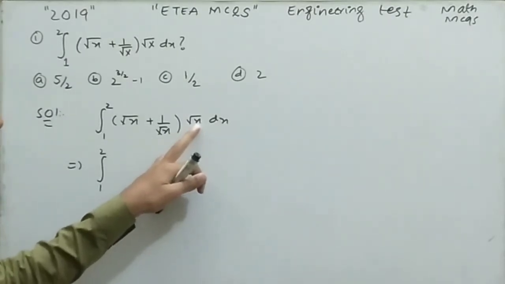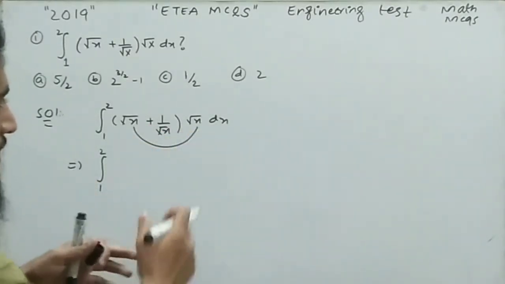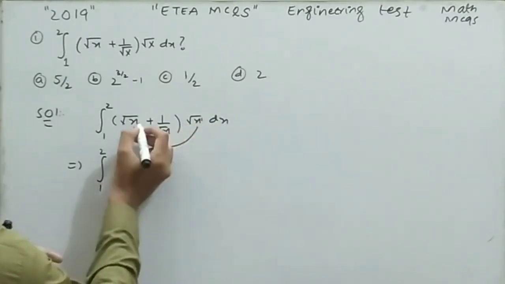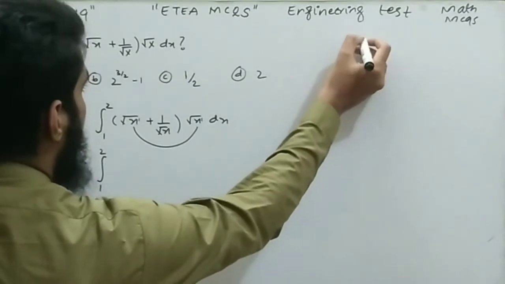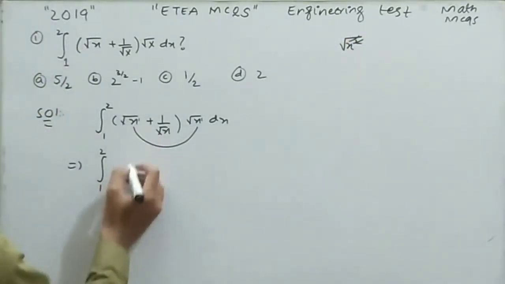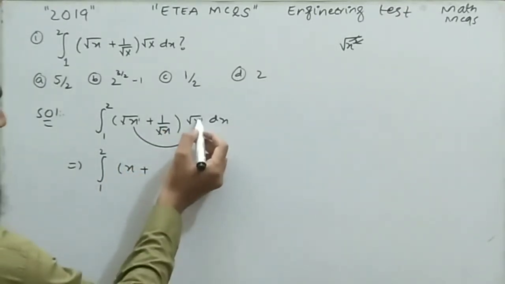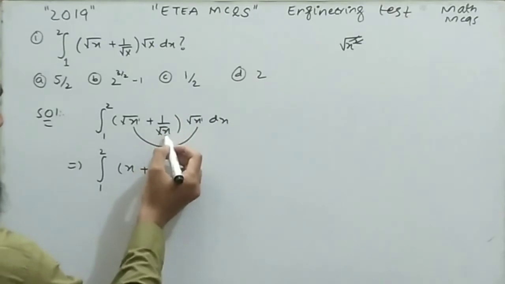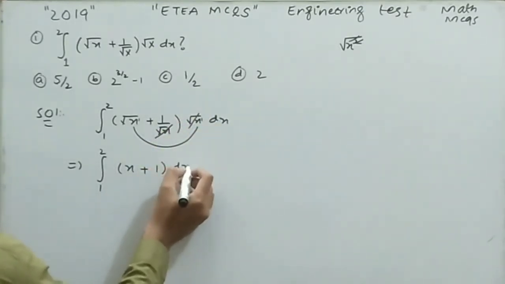So over here x will multiply with x inside the radicand, the power of x is 1 and the power of x is 1, so it becomes x power 2 inside the single square root, so the square will cancel out with the root, and we are left with just x. And after this we have a plus sign. Now multiply square root of x with 1 over square root x, so they will cancel out with each other, and we are just left with 1 into dx.